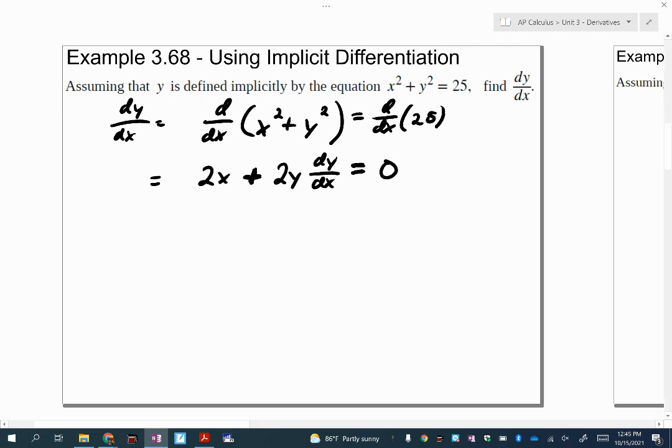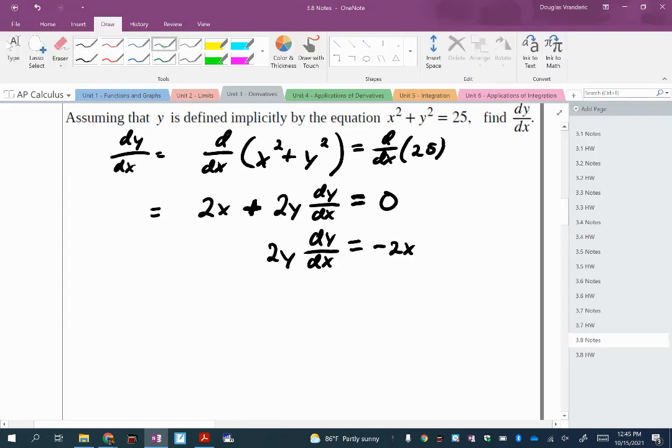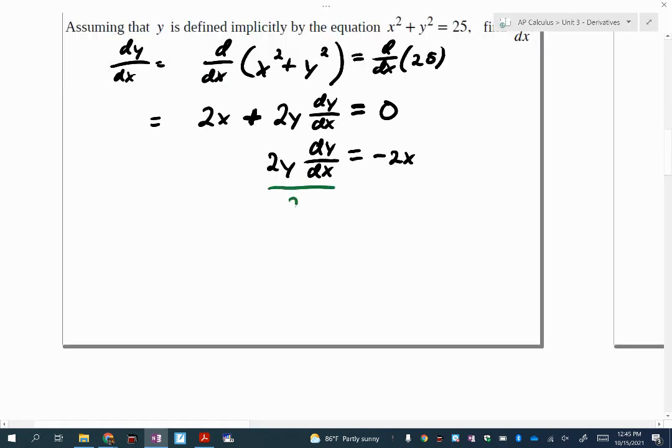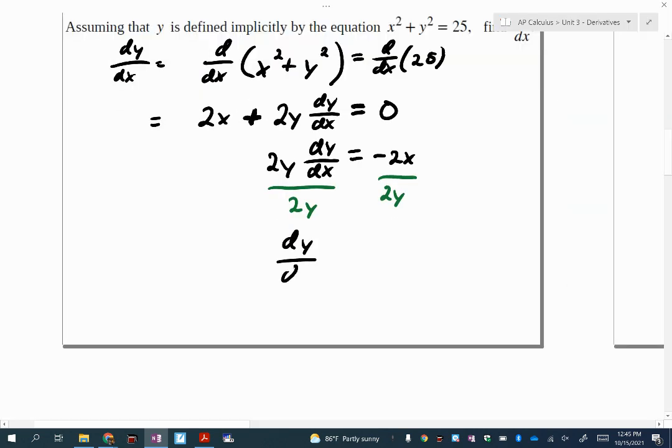All right, now, after this, I'm going to be solving for dy dx. Ultimately, that's what I'm going to be finding here. So I'm going to move the 2x over. So I get 2y times dy over dx equals negative 2x. Now I'm going to divide both sides by 2y. So my dy dx, when I simplify, is going to be the opposite of x over y.